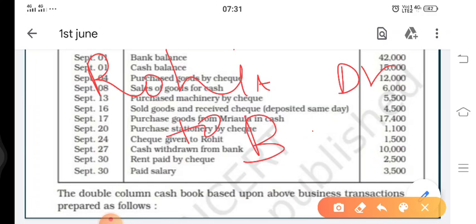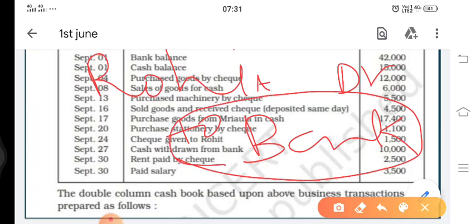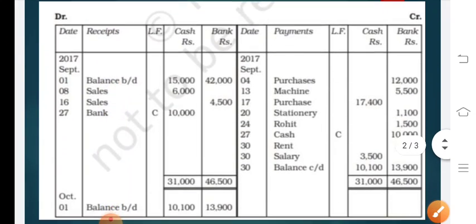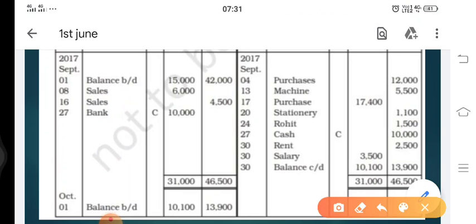So payment is made through bank. Now here bank got credited. So we'll go to credit side of bank and we'll write here by Rohit 1500. Amount is written in the bank column.